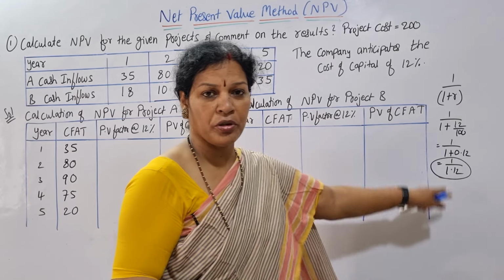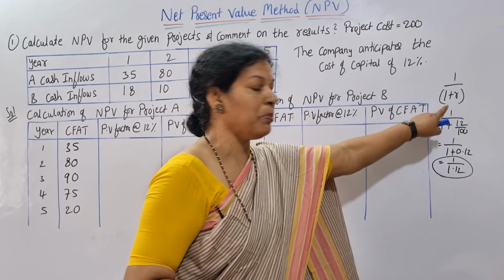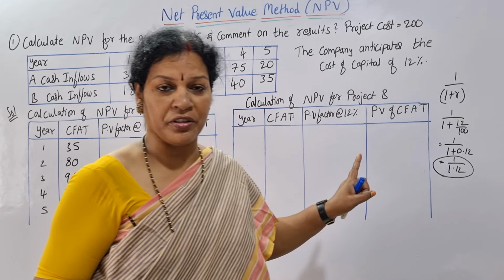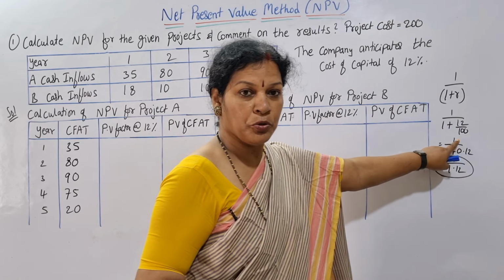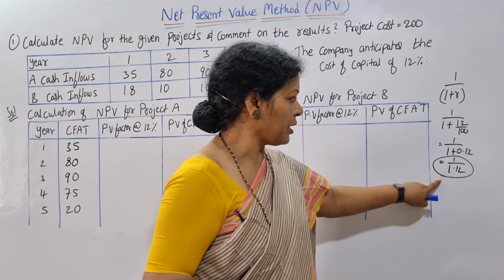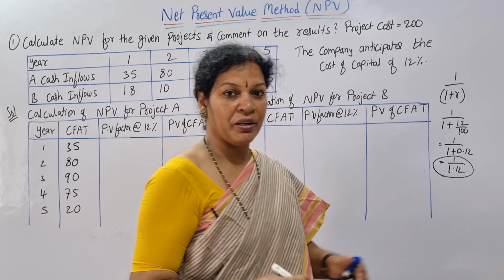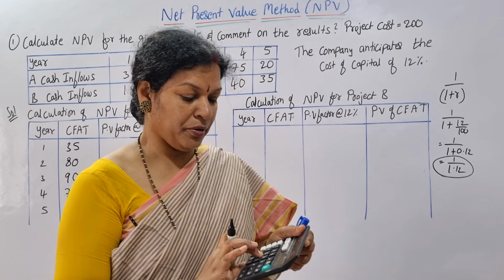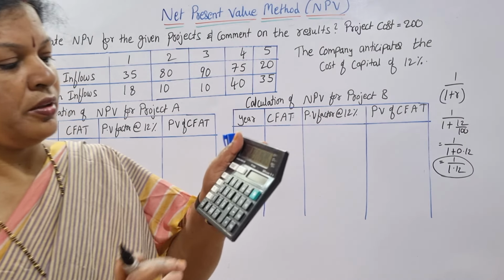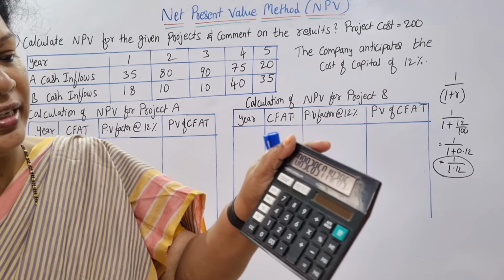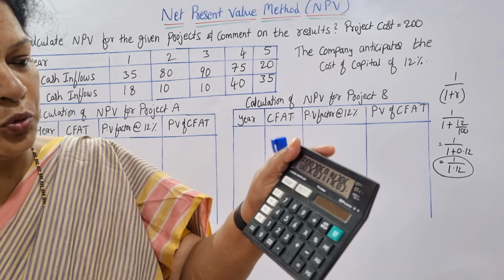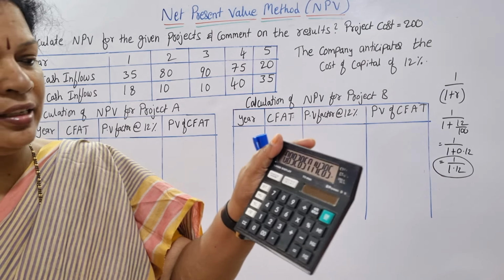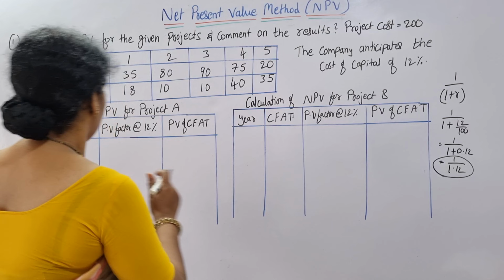This calculation also I already told you. 1 by 1 plus R, where R means rate of interest. It is 12%, not 12 by 100. So if you do the calculation, I am getting 1 divided by 1.12, which is 0.8928, so 0.893 I can take.